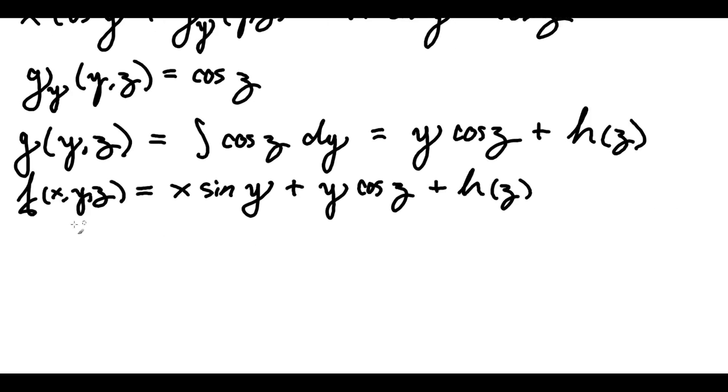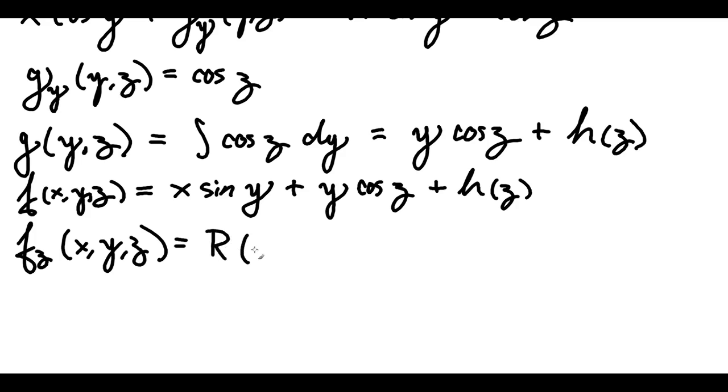Now all that's left is to consider f sub z of x, y, and z, and recall that that must equal r, the third component of the vector field F, because that is supposed to be the gradient of small f. So if we take its partial with respect to z, well, x sine y is constant, so that goes to 0.